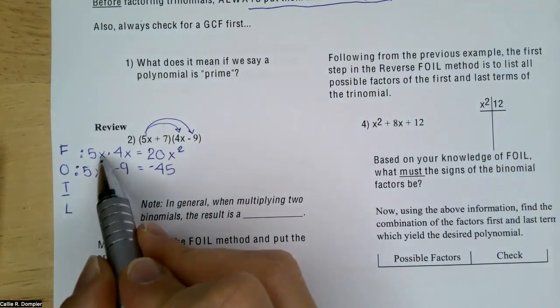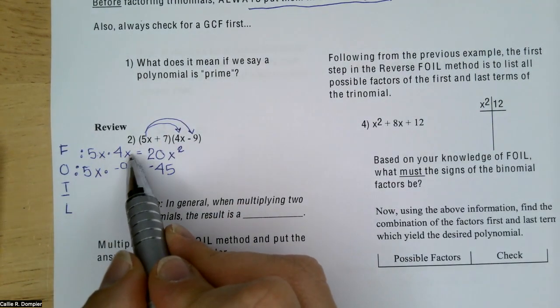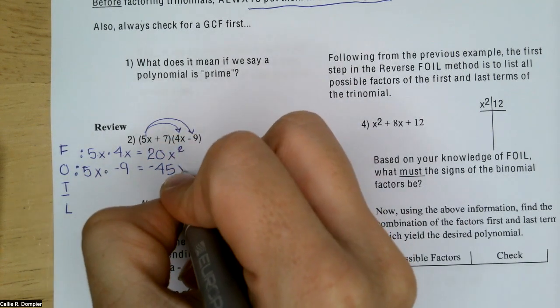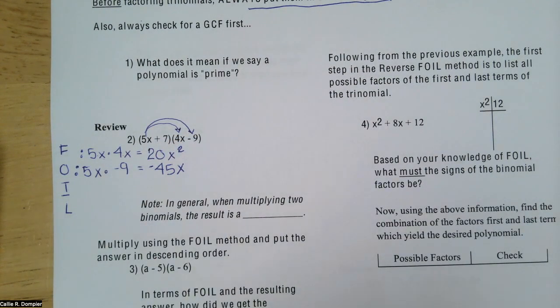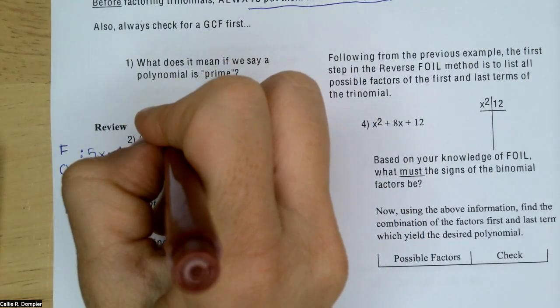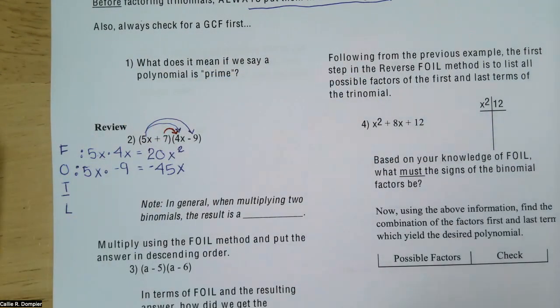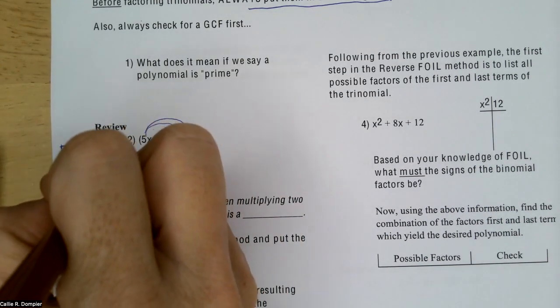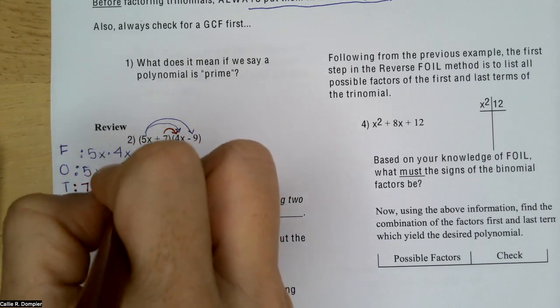And here we multiplied the two variables because there were two of them. Here there's just one variable. So instead of 5 x's, we have negative 45 x's because we multiplied those 5 x's by the number negative 9. Good. I is going to be the inside terms. Positive 7 times a positive 4x.